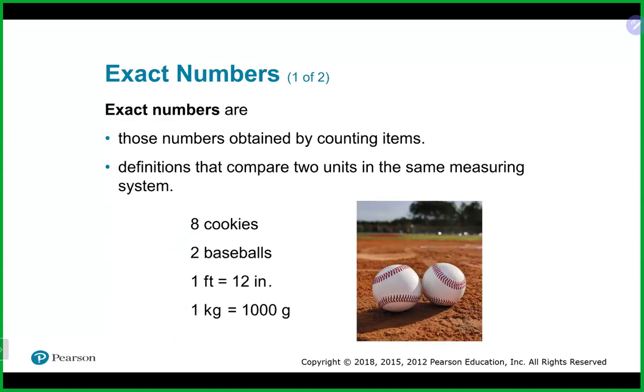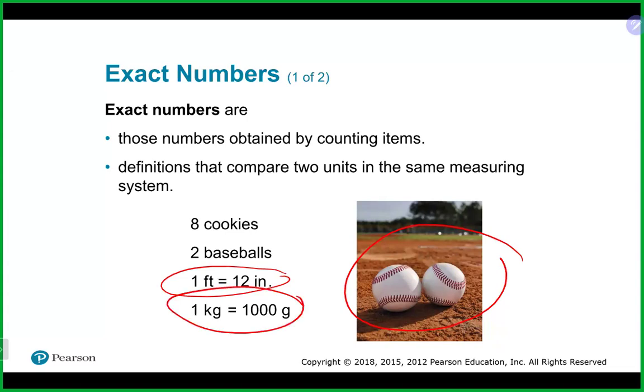As I mentioned earlier, if I had two baseballs just sitting there, we're not going to do any type of weird measurement to figure out how many baseballs we got. We're just going to simply count them, and that's considered an exact number. Anything that is a definition like this is considered an exact number.